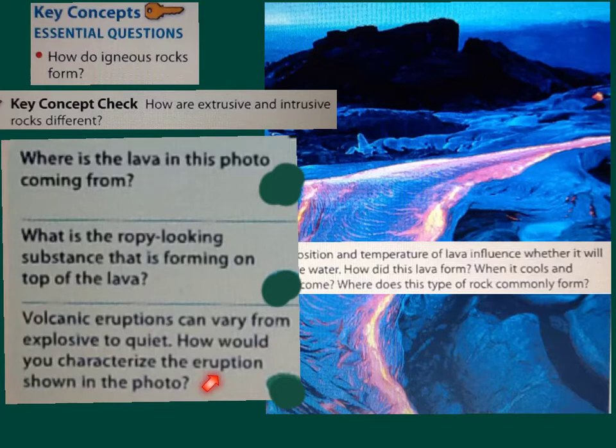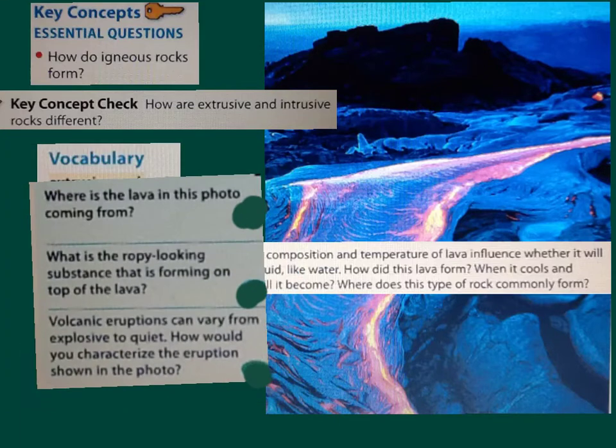Volcanic eruptions can vary from explosive to quiet. How would you characterize the eruption shown in this photo? Okay, so think about what they're talking about with those three questions. You were to pick one of those three, writing it in your science journal. Okay, one of those three.